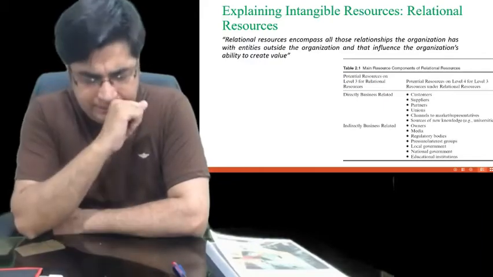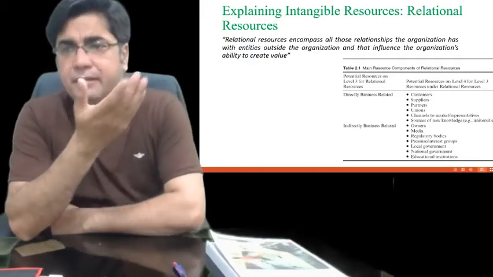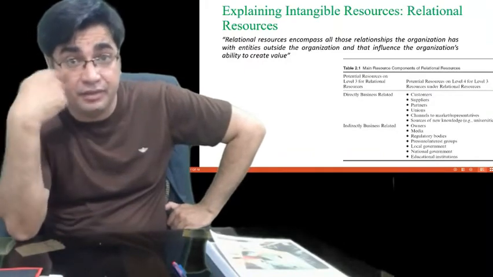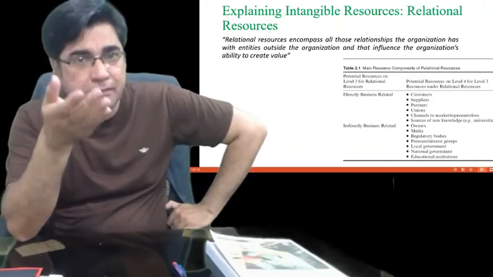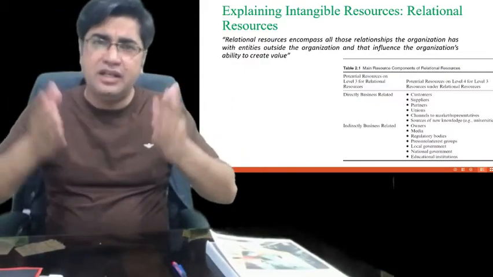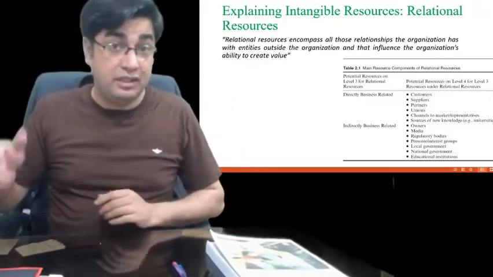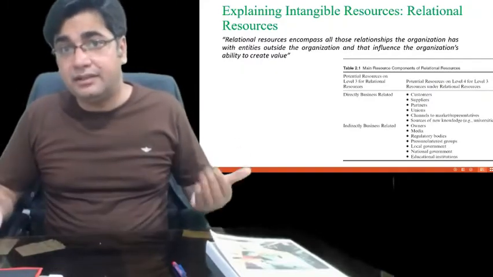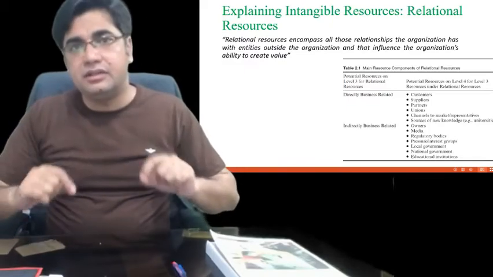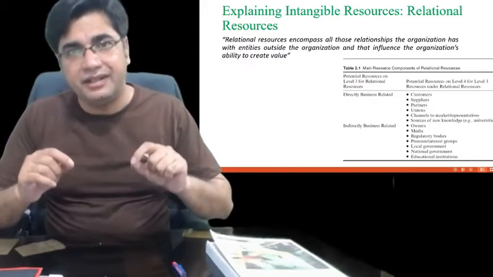Here you can see that I have explicitly mentioned the table which has been taken from the book: customers, suppliers, partners, unions, owners, media, all of the relevant stakeholders, but there may be a lot of others. So relationships with these relevant stakeholders are called the relational resource.